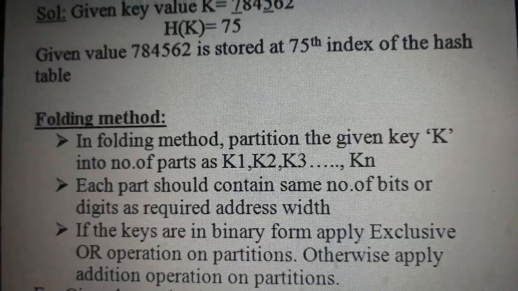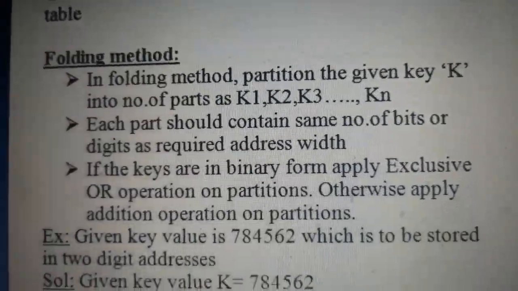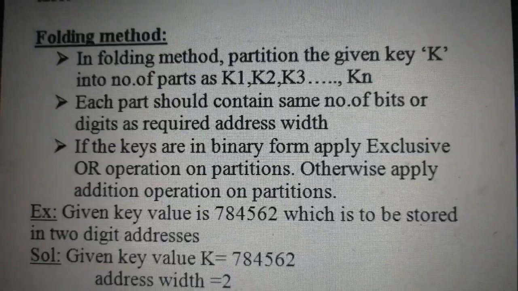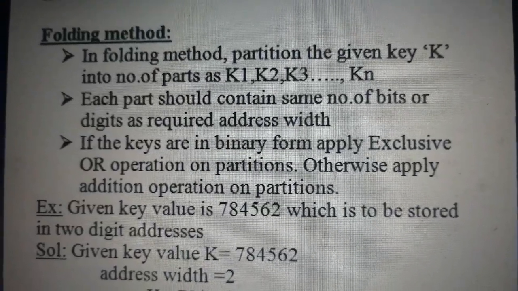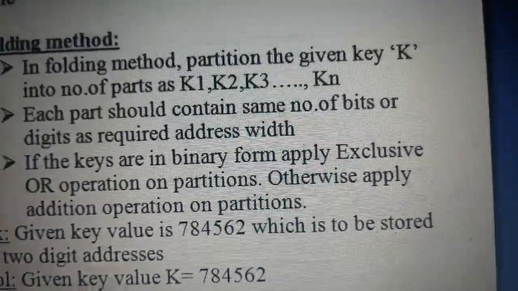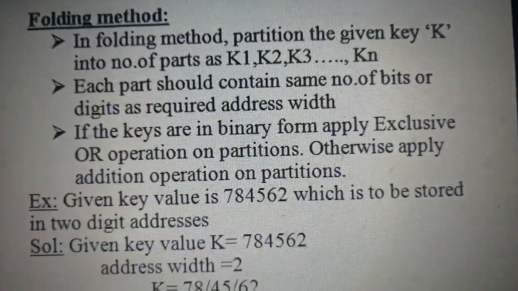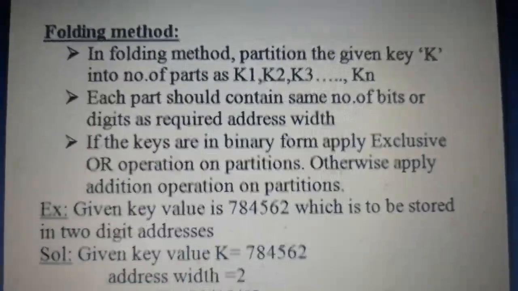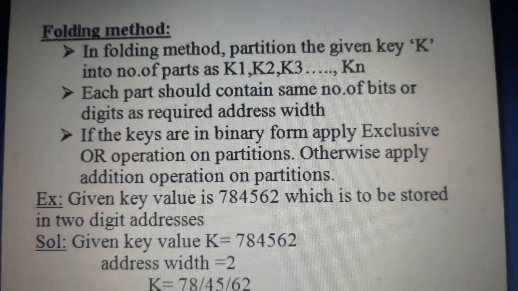Now the other method, the folding method. In the folding method, we divide the given value into keys, such that each key has the same number of parts or the same number of bits.